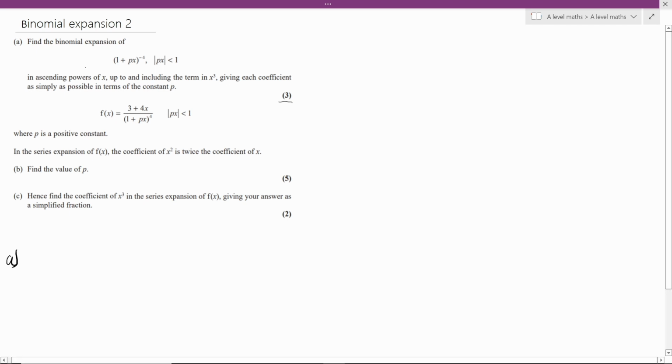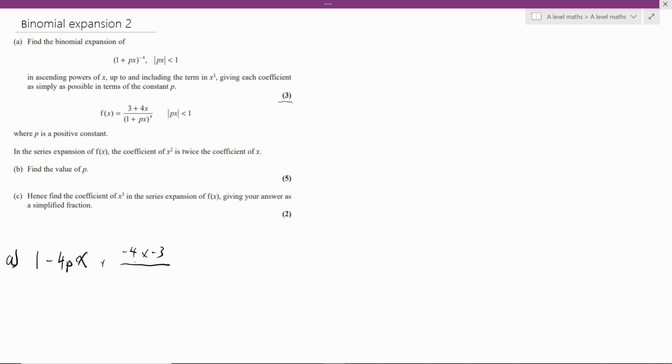So the first term is 1, and the second term is minus 4 times p, so basically minus 4px. For the third term, we have minus 4 times minus 5 over 2 factorial, (px) squared. And the fourth term, we have minus 4 times minus 5 times minus 6, over 3 factorial, (px) cubed.